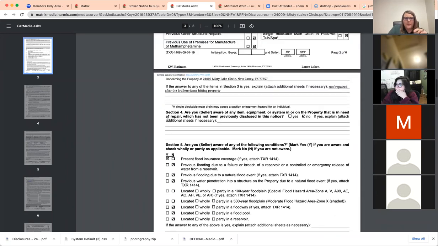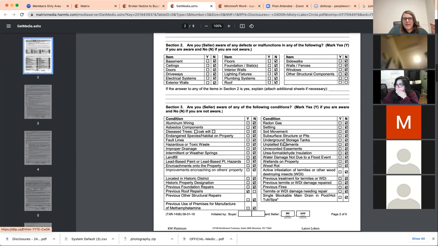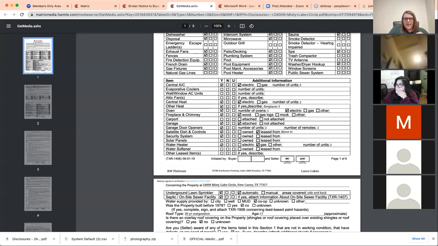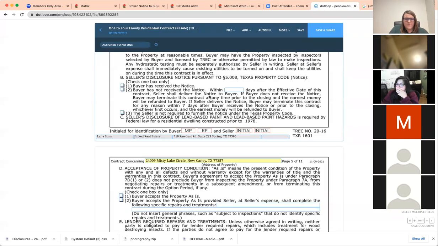There's 2 missing. So to protect my client, I would put number 2, say it was not received, and put 3 days to send it over, because I don't want to sign anything that's not fully completed. So I personally would put number 2.